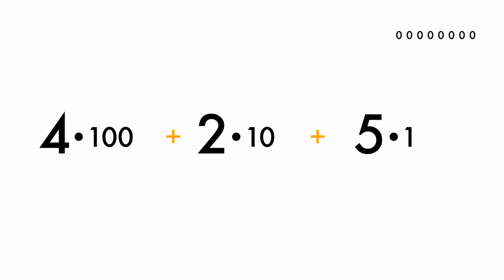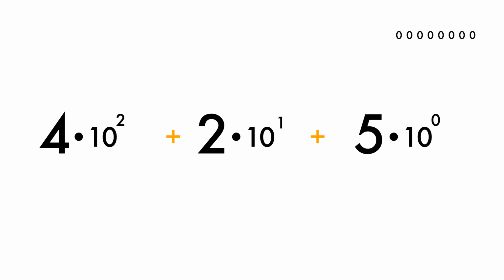From here we can already tell why we're calling this the decimal system, because each digit, depending on its position, is multiplied by 10 raised to a certain exponent. For 2 it's 10 to the power of 1, for 4 it's 10 to the power of 2, and for 5 it's 10 to the power of 0.